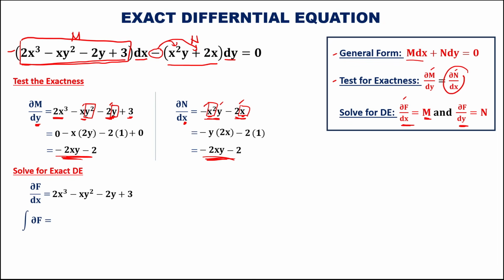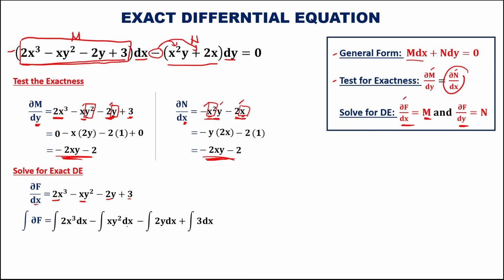So the integral of partial f equals the integral of 2x^3 dx, minus the integral of xy^2 dx, minus the integral of 2y dx, plus the integral of 3 dx.